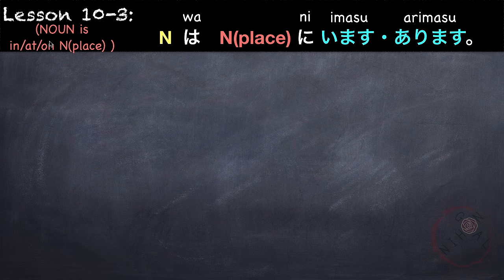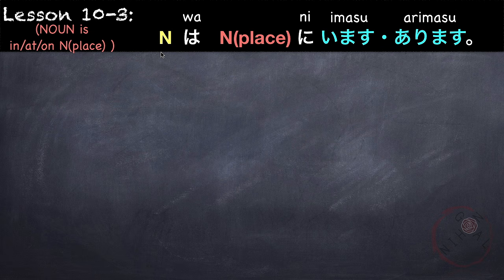Next, how to say a noun is in, at, or on a place. So we use the pattern noun wa, noun place ni imasu or arimasu. Now, noun is our topic. Notice that in this pattern, the particle becomes wa.